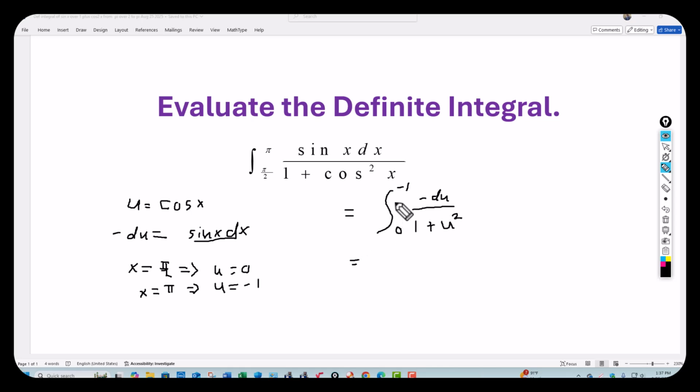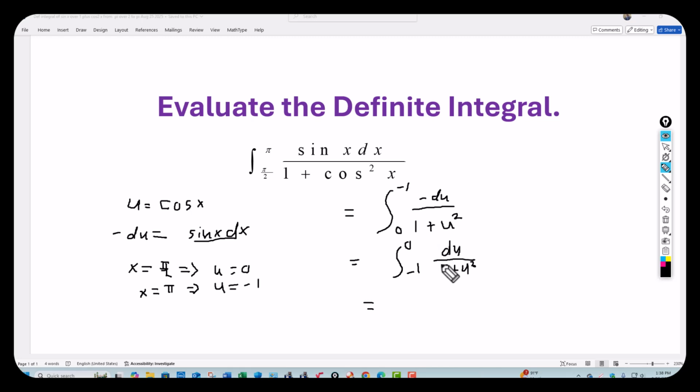I can actually work the problem this way, or since I have a negative here, I can bring this negative over here and change the limit, and it changes to a positive. That's one of the properties of the definite integral. So this then becomes from negative 1 to 0, and this is just du over 1 plus u squared. So canceling the negative changes the limits of integration from 0 to negative 1, to negative 1 to 0.